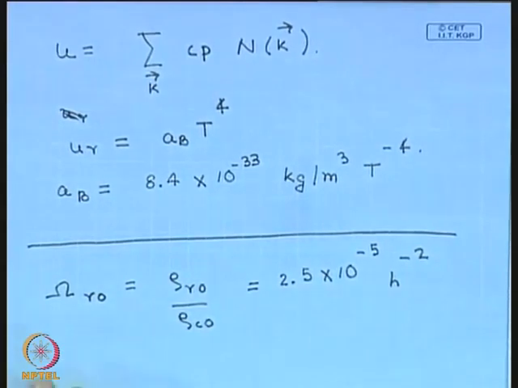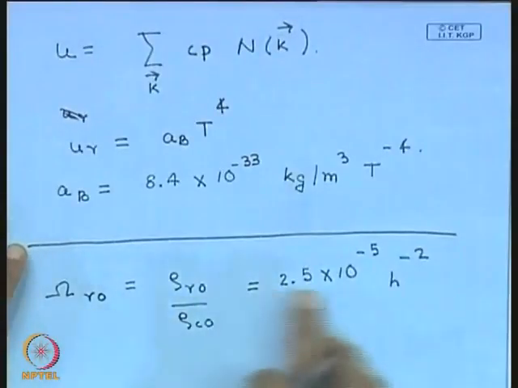So what we see is that at present the CMBR makes a very small contribution to the total density of the universe. Omega matter is somewhere around 0.3, I have told you. Omega lambda is around 0.7. So compared to these, the cosmic microwave background radiation makes an extremely small contribution to the overall density of the universe.